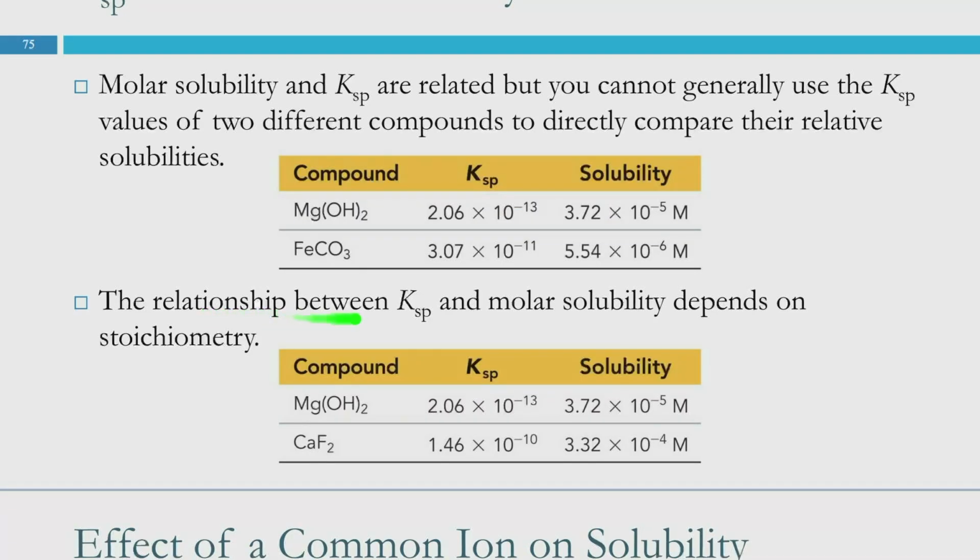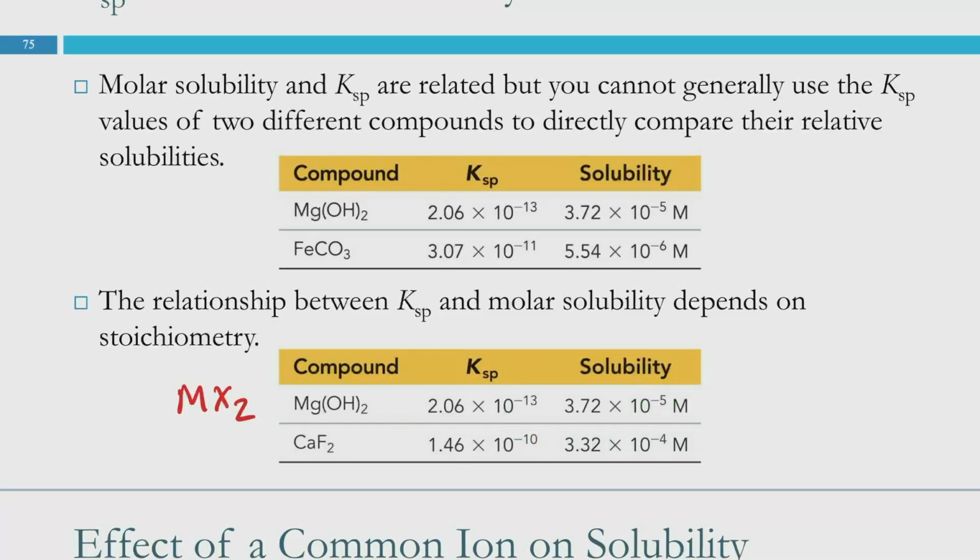The relationship between Ksp and molar solubility depends on the stoichiometry. So if we have the same type of compound, so these are both of the form metal and two other things, magnesium hydroxide and calcium fluoride, their Ksps have this relationship.